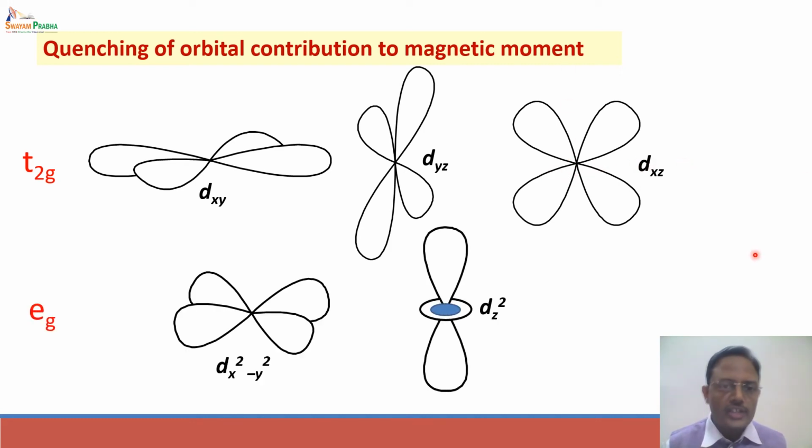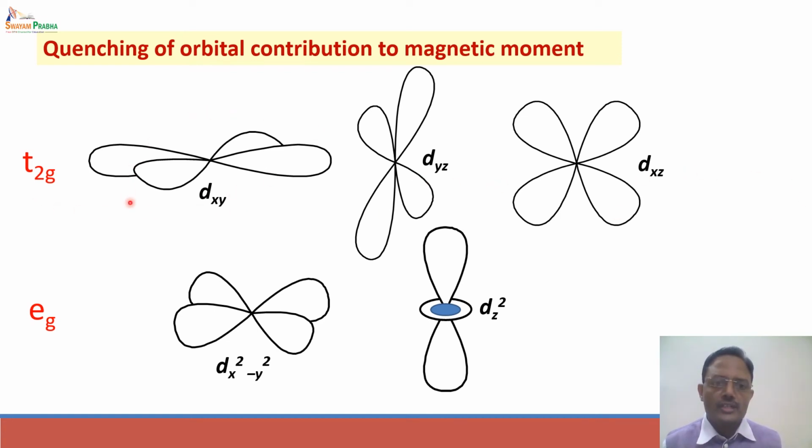Now eg orbitals are dx²-y², where this dx²-y² orbital is in the direction of x and y axis, again in the xy plane, and dz² orbital is in the z direction. So eg orbitals are dx²-y² and dz², t2g orbitals are dxy, dyz, dxz.